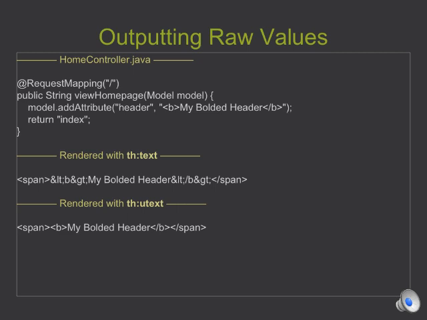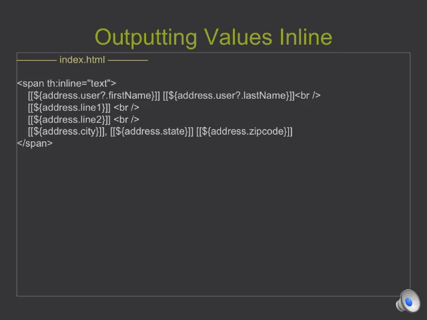Sometimes, though, you don't really want to have to use th:text for a whole bunch of different things. Say you're trying to display an address. That might get annoying, having to use a whole bunch of different spans just to display one value every time. And so there's this other attribute called th:inline, and you can inline text, you can also inline JavaScript.